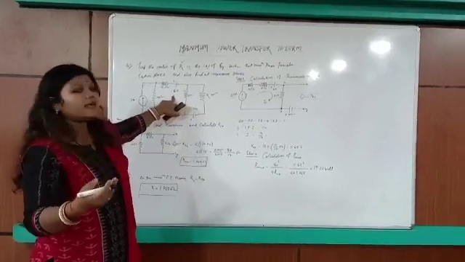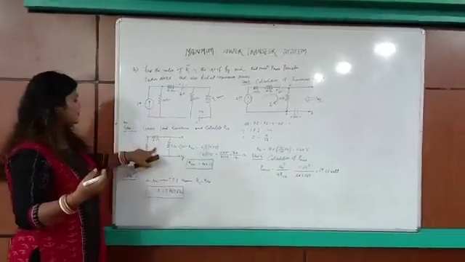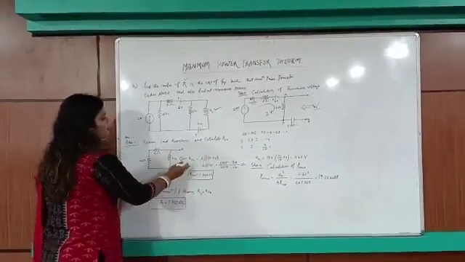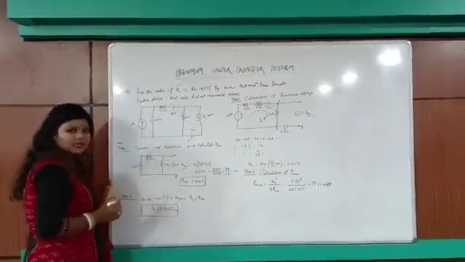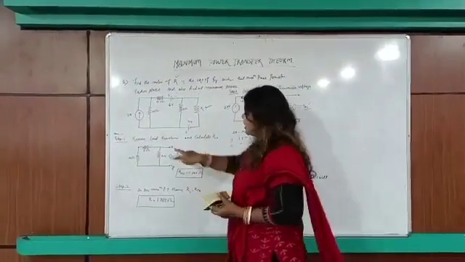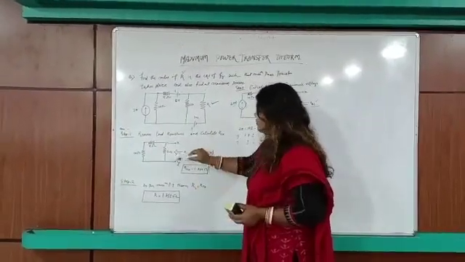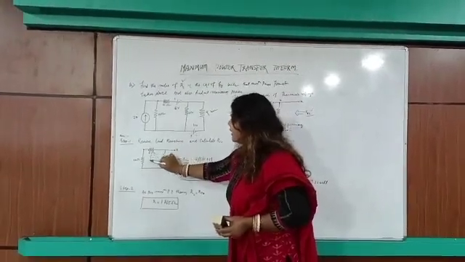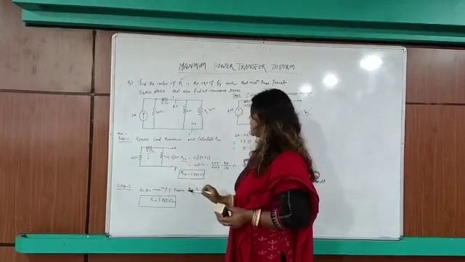Then we get the circuit as this. From the open circuited load terminal XY, we calculate Thevenin's resistance. We find that 2 ohm is in parallel with 5 ohm and 10 ohm, which are in series.